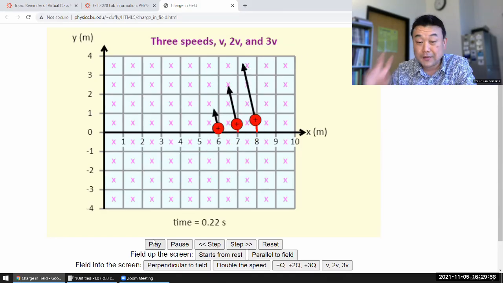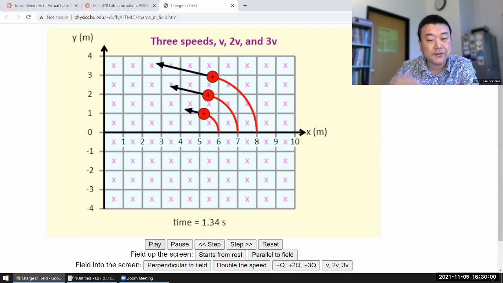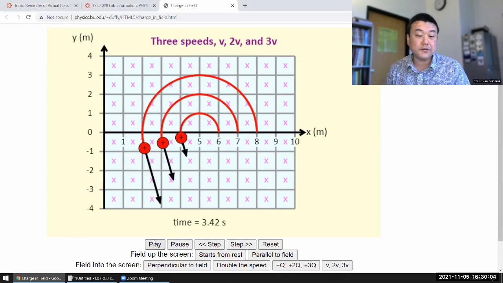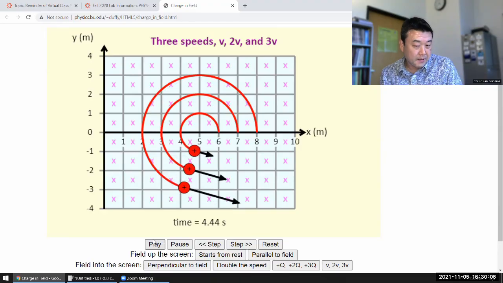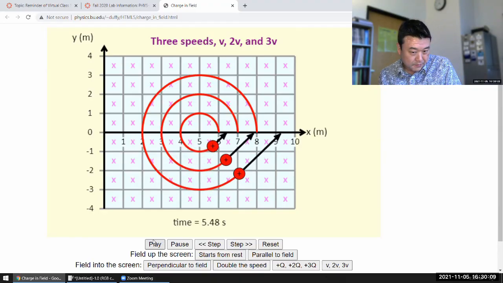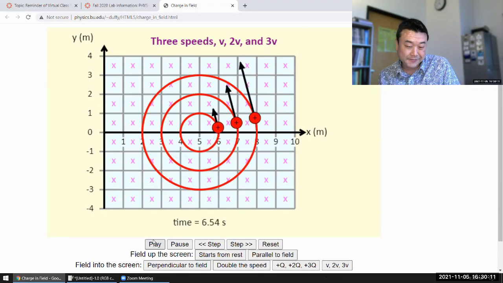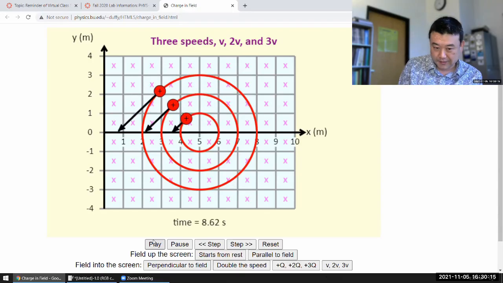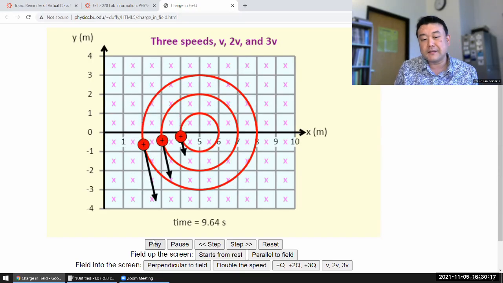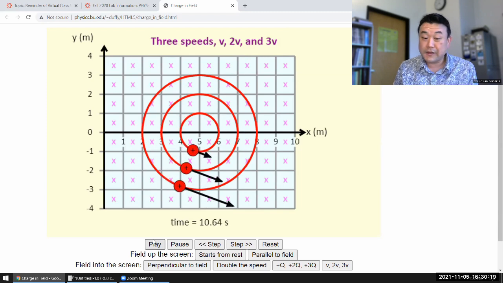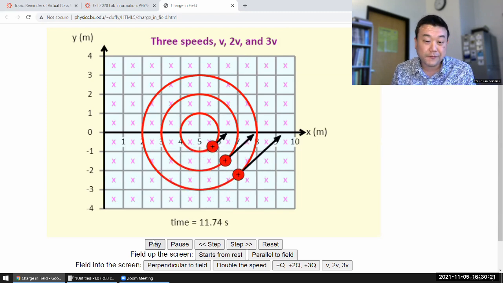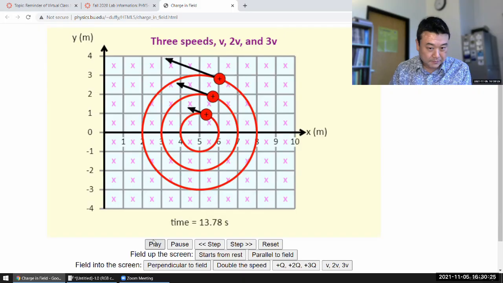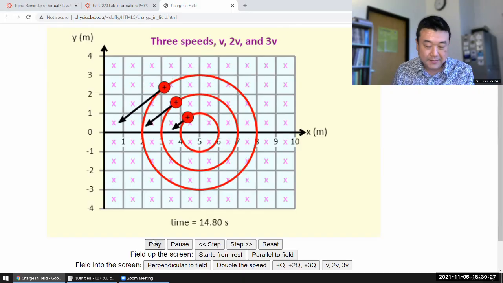There are things called velocity selectors that can select particular velocities of a particle beam. Now, I hope you notice something interesting here. These particles are moving at different velocities, and they are moving in circles of different radius. But as you look at it, they remain in perfect sync.